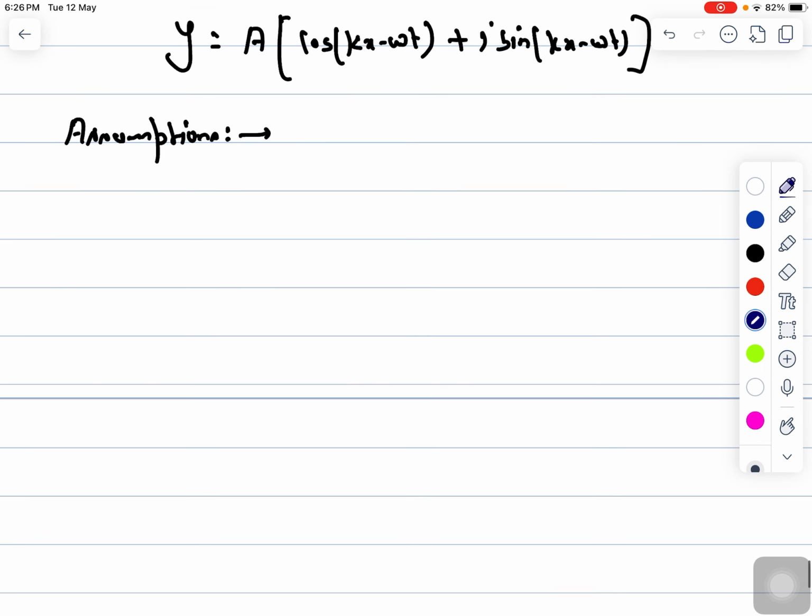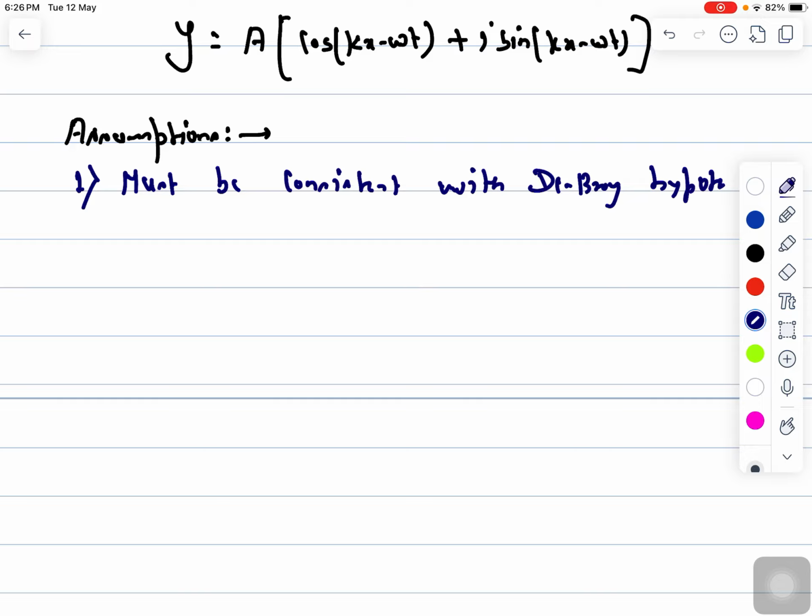We'll start here with the first assumption: it should be consistent with the de Broglie hypothesis and the Planck-Einstein postulate. So basically, what do you mean by this point?